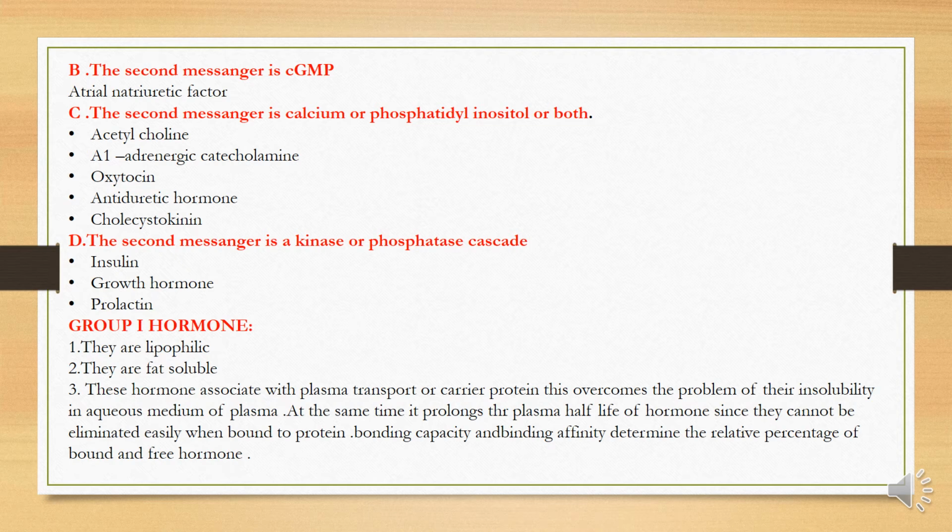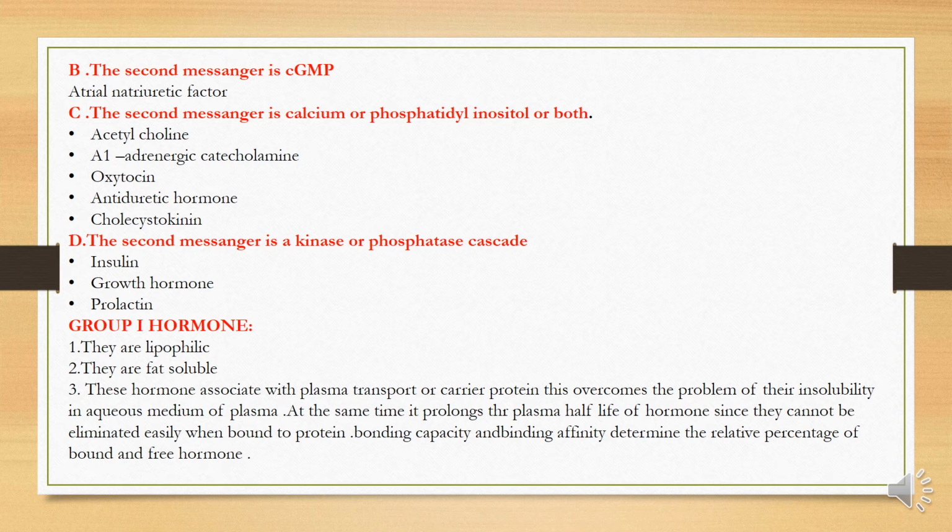The second messenger is calcium or phosphatidylinositol or both: acetylcholine, alpha-1 adrenergic catecholamine, oxytocin, antidiuretic hormone, cholecystokinin. The second messenger is a kinase and phosphatase cascade: insulin, growth hormone, prolactin.